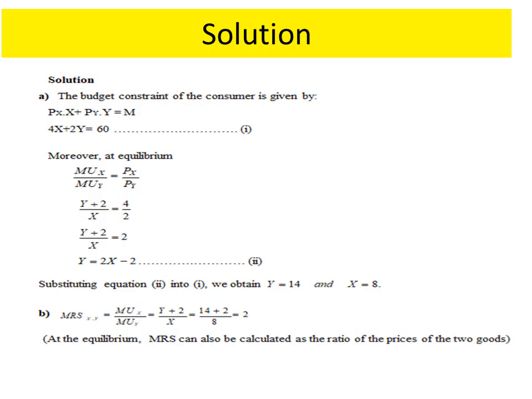This is our limited income. Moreover, at equilibrium, as we said, the marginal utility of X over the marginal utility of Y equals the ratio of the price of X over the price of Y, which is the budget line.